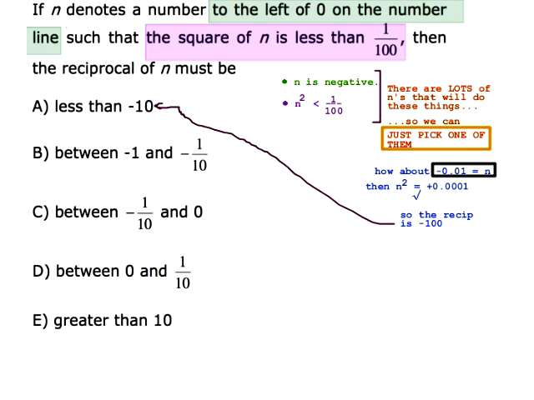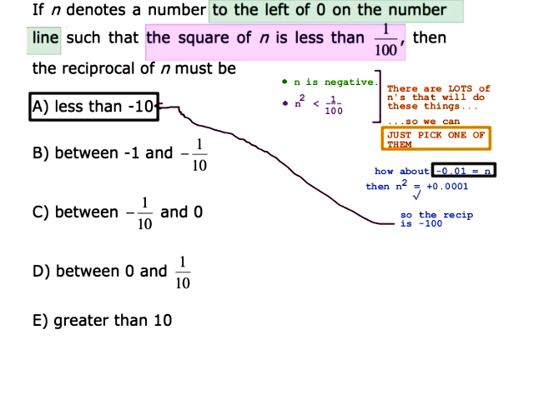If you come up with any specific value of n, then the reciprocal will do that. All you got to do is find one value, and you're good. The other thing about these problems is there are all these little clues in the problem.